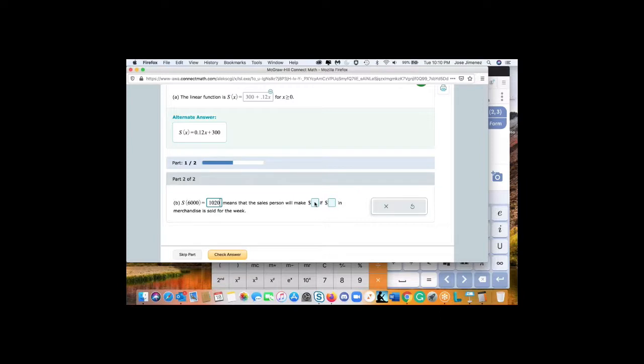Which means on the first box, you say that I will make 1,020 if 6,000 in merchandise is sold for the week. Then read it and see if it makes sense. Usually you put the same numbers that you have.